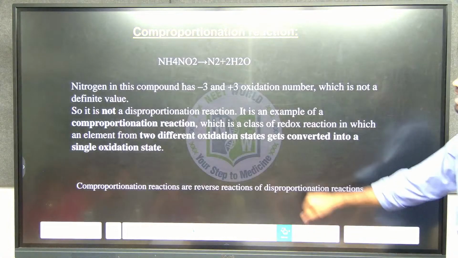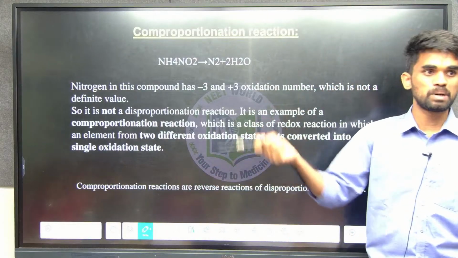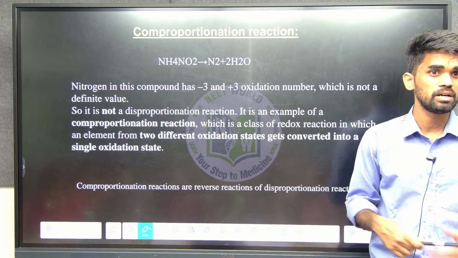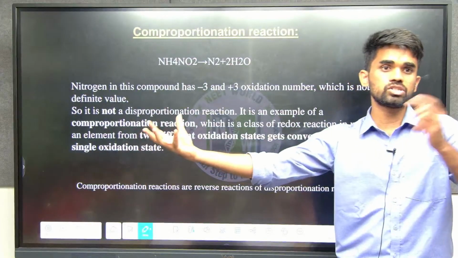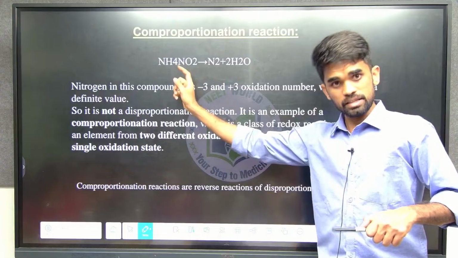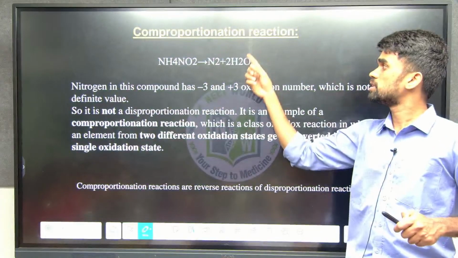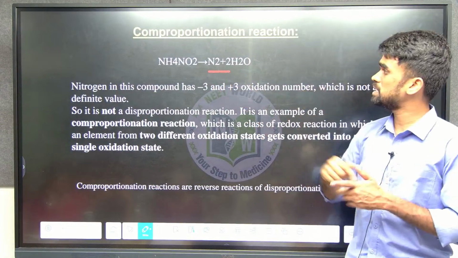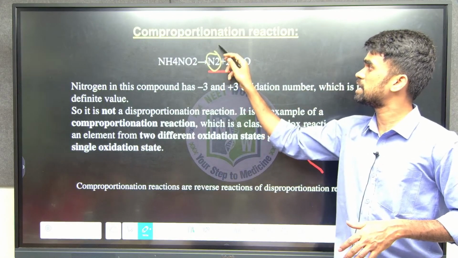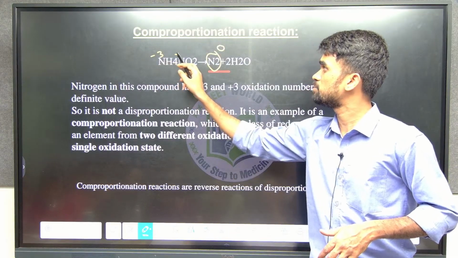Next, comproportionation reaction means what? It is like the reverse of disproportionation. In disproportionation, the same element undergoes both oxidation and reduction. Here, the same element with 2 different oxidation states gives you a single oxidation state. The final oxidation state here is 0. This 0 is coming from this -3 and from this +3.